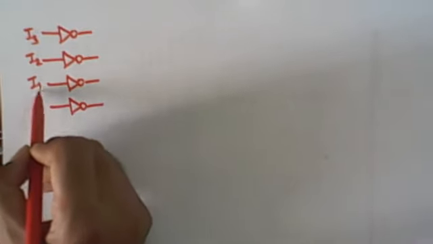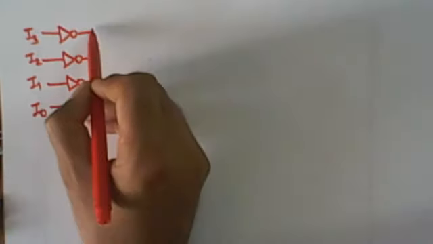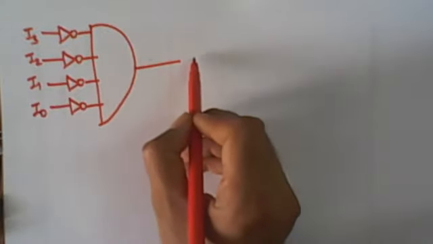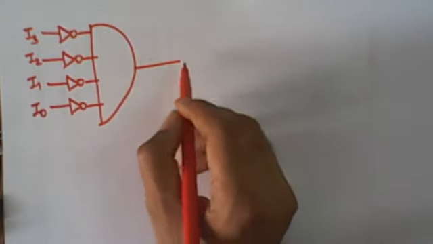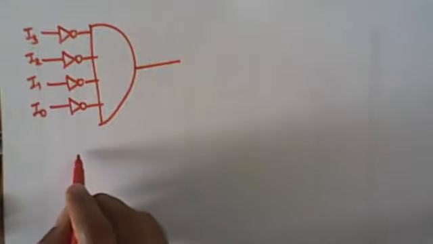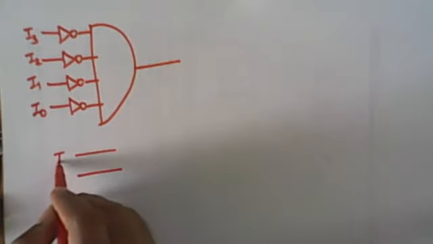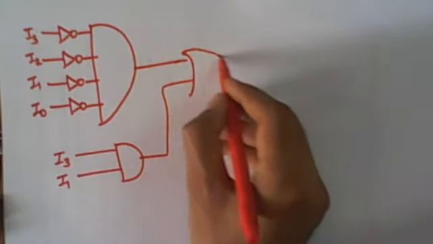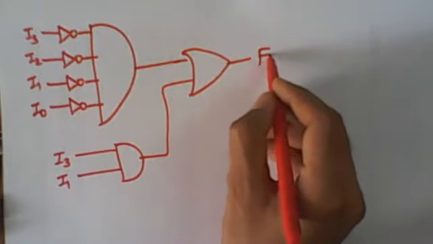So here is I3, I2, I1 and I0, and ANDing will give F one product term. Another product term is I3 and I1. If we OR these two product terms, it produces our output F.